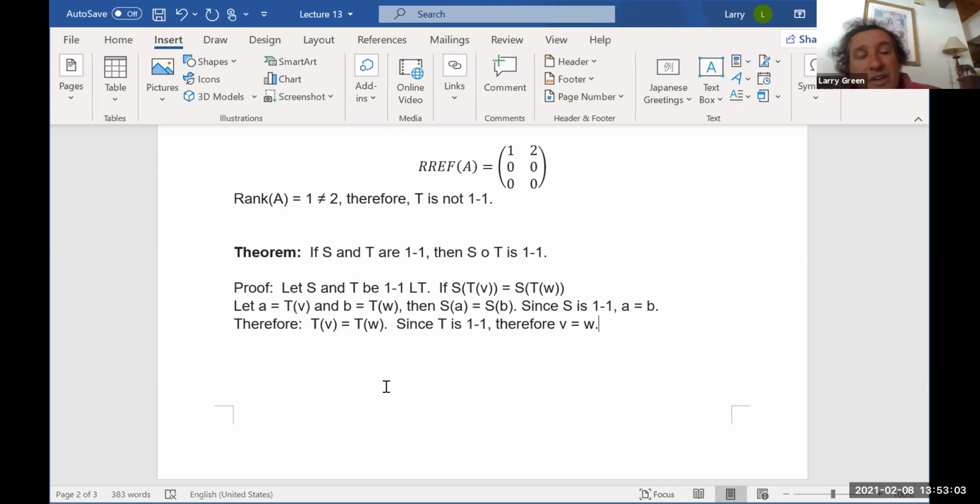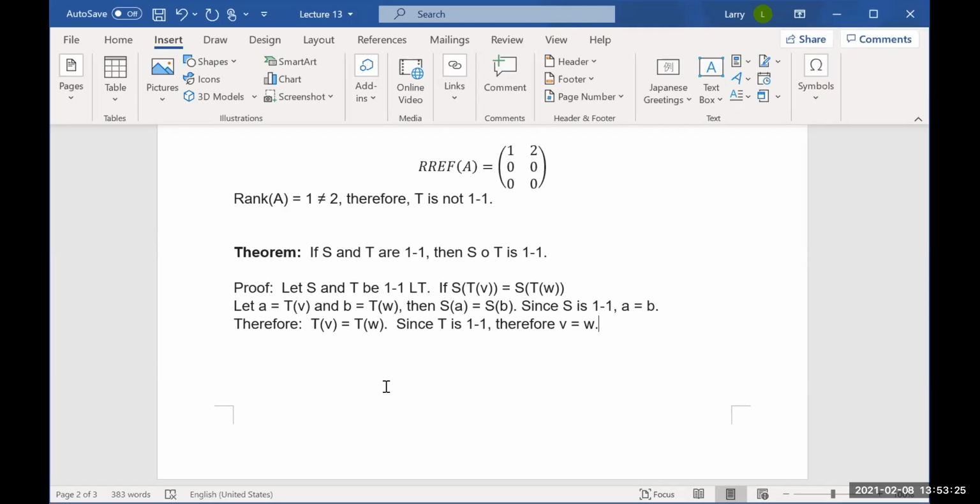Okay, so that's a proof that the composition is 1 to 1 if both S and T are 1 to 1. By the way, can you go backwards? If S of T is 1 to 1, does that mean that S and T are both 1 to 1? Yes.